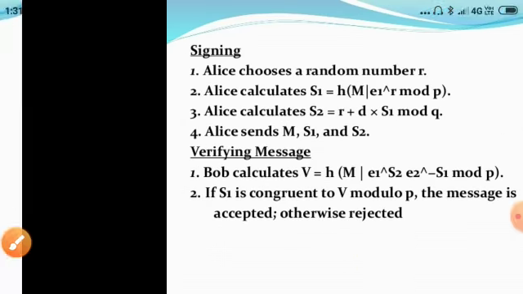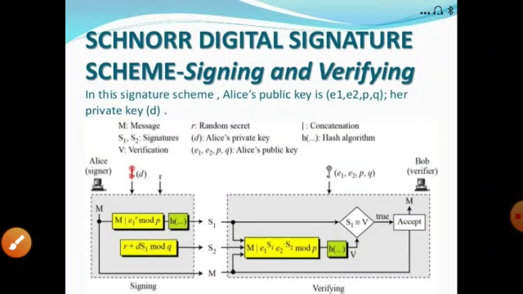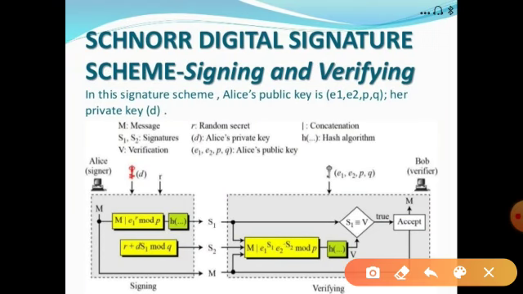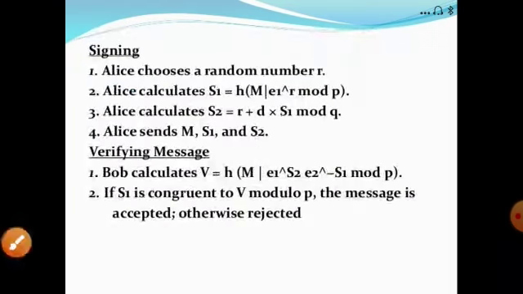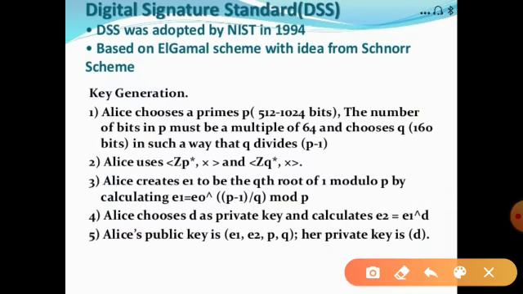Here we use e1, e2, p comma q, same, but one thing is different here. There p and q are different values, both largest prime numbers. Here we are strictly mentioning that q is always less than p only.